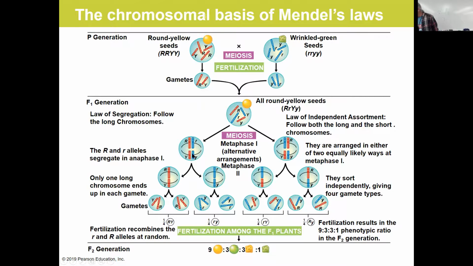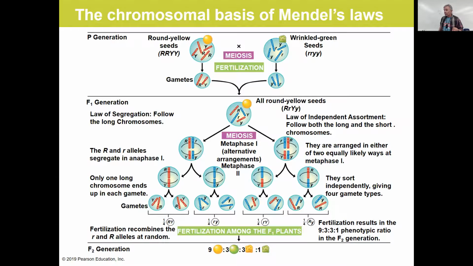So this is the R locus and the Y locus, and how they arrange in metaphase 1 determines what side the big R's are and what side the small r's are, and what side the big Y is on and what side the small y is on, just by the way they arrange in metaphase 1 of meiosis.